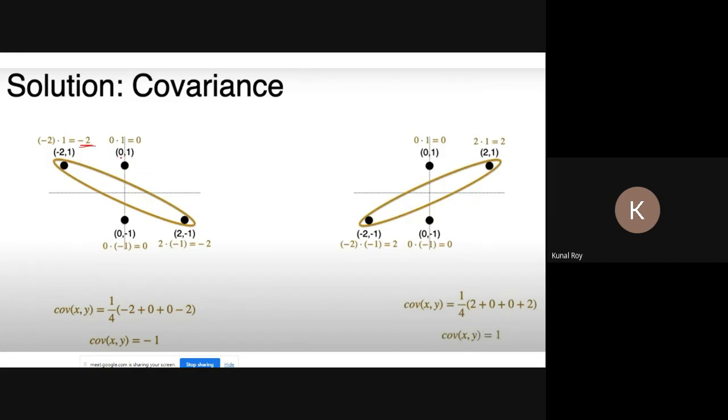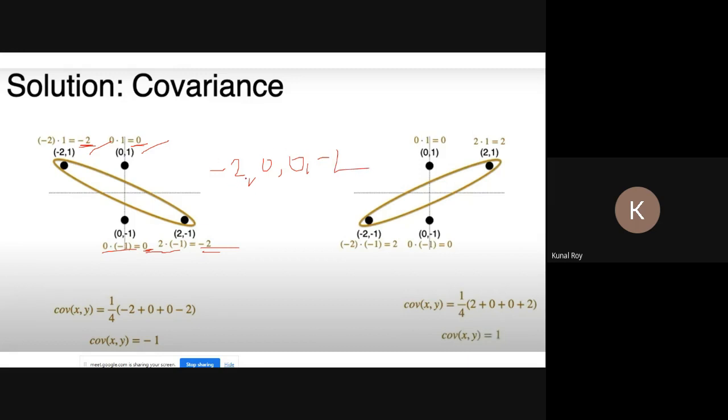Then we are multiplying 0 into 1, that is 0, then 0 into -1, 2 into -1 is -2. So the first step for finding covariance is like this. We have multiplied the x coordinate with the y coordinate and taken an example.